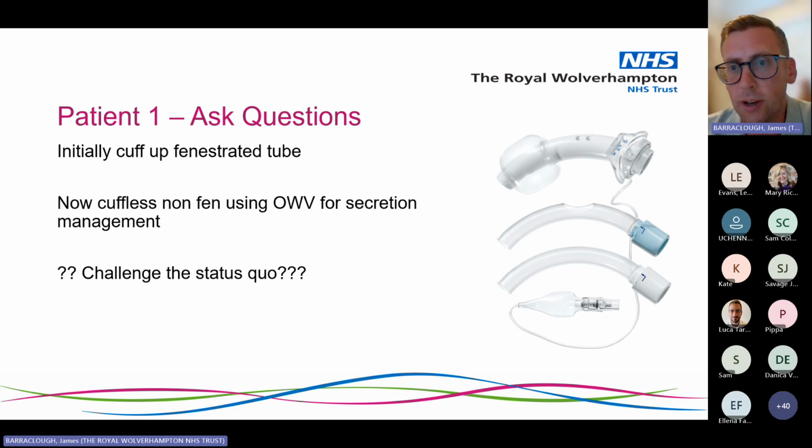We just couldn't establish why this was the case at all. The carers didn't really know what the cuff was for. I think they thought it was mainly for secretion management. He certainly wasn't using a ventilator, and there were probably more problems associated with his tube choice than not. So the history just didn't fit what we saw.